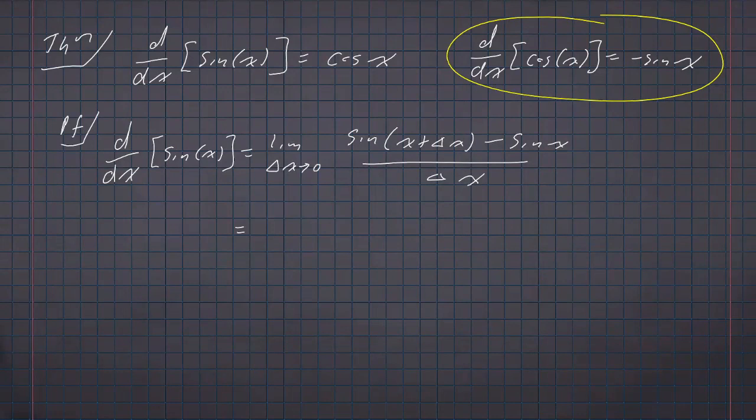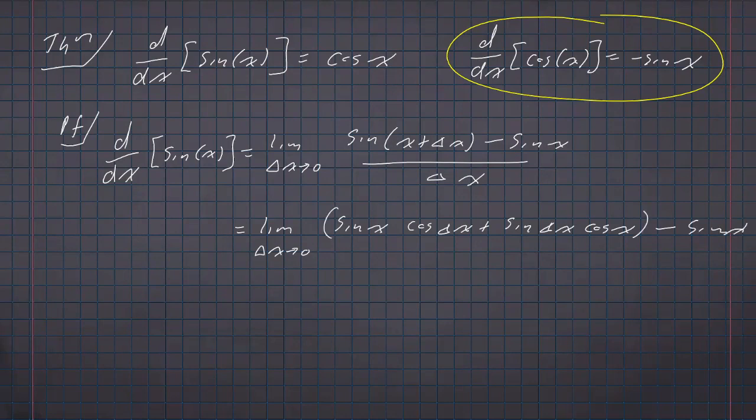And using the angle addition property, this is the limit as delta x goes to 0 of sine x cosine delta x plus sine delta x cosine x minus sine x all over delta x.